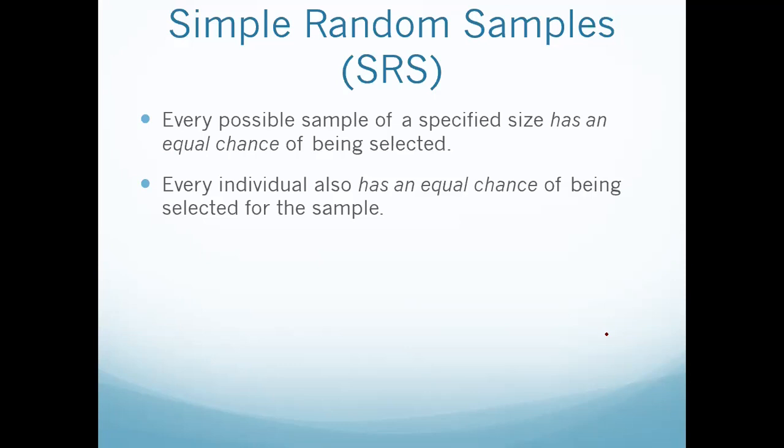Each and every instance in the population has an equal chance of being selected. Every possible sample of a specific size has an equal chance of being selected, and every individual also has an equal chance. That's what I told you. You can select as many samples as you wish.